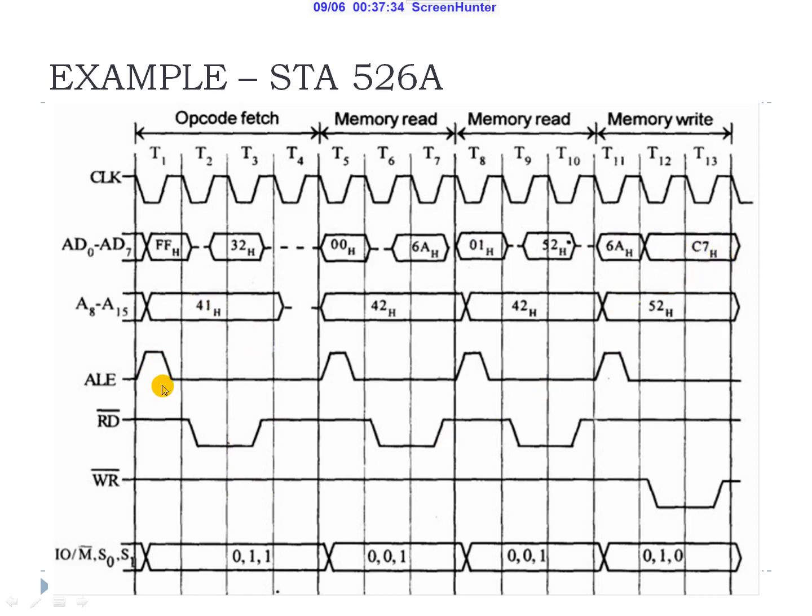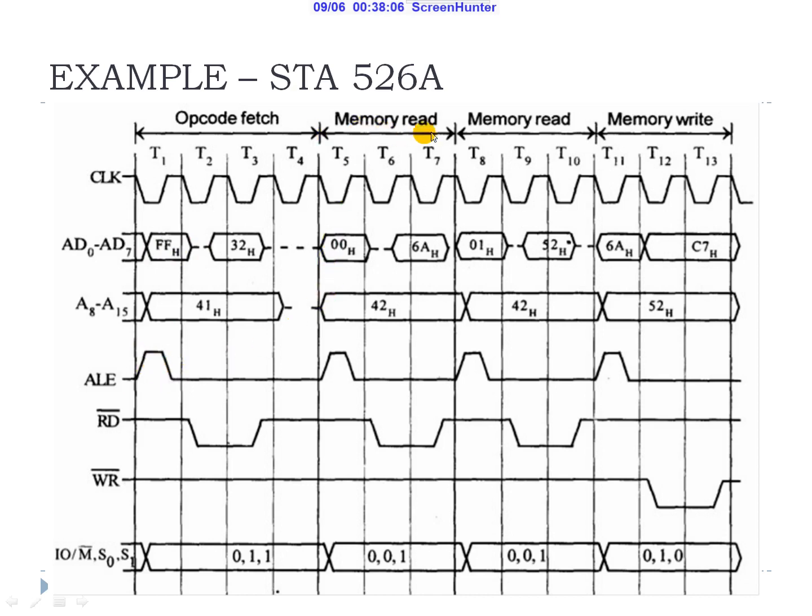Here the ALE signal has to be given when AD0 to AD7 is giving the address. This is the phase where AD0 to AD7 is giving the address, so you notify it as ALE, that is, it is address.